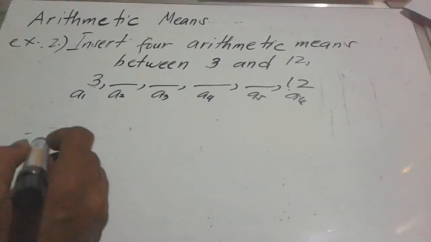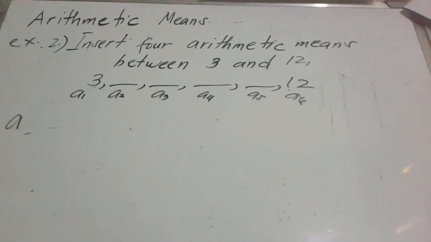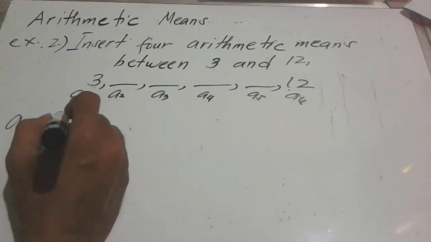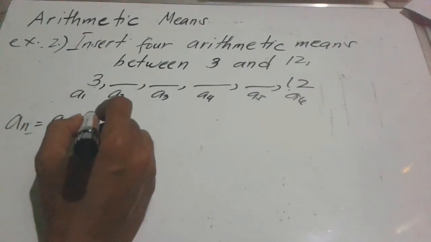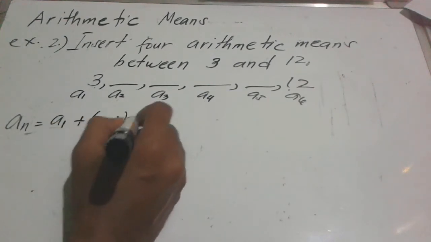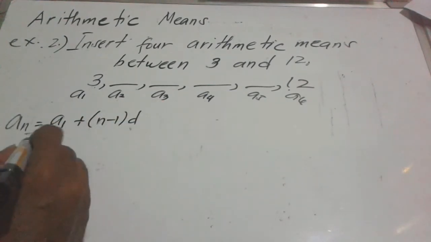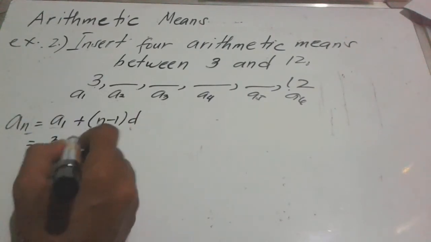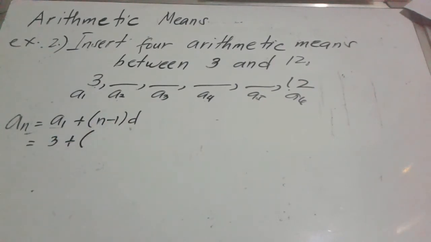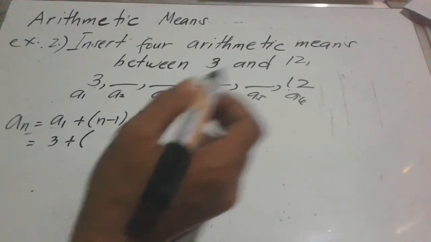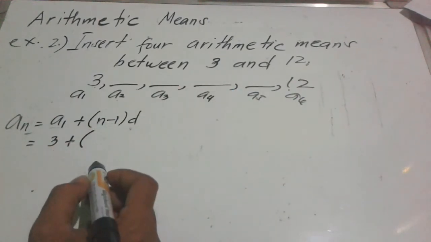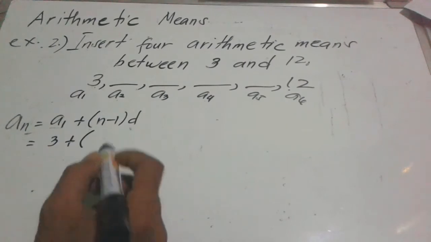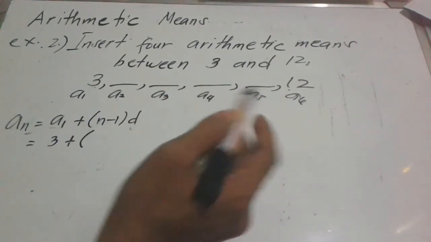So, we substitute into the formula. a sub n is equal to a sub 1 plus quantity n minus 1 times d. Our a sub 1 is 3, the first term, plus... our last term is 12. 12 is our last term, but our n is 6, because it is the sixth term.